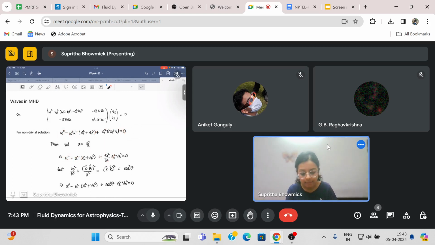But kz square by k square is what? This kz is actually the component of k along the b vector, b cap. Kz square is the square of this. But you can pull this k square inside the square, and this is just going to give you a k cap. So what is this?